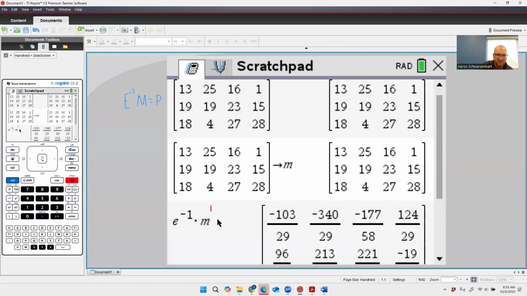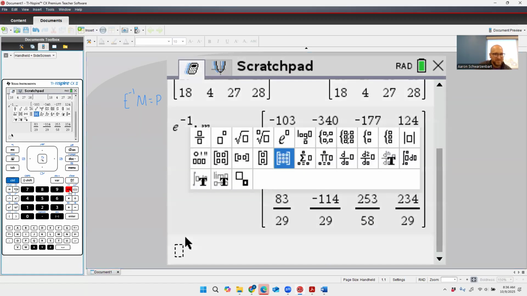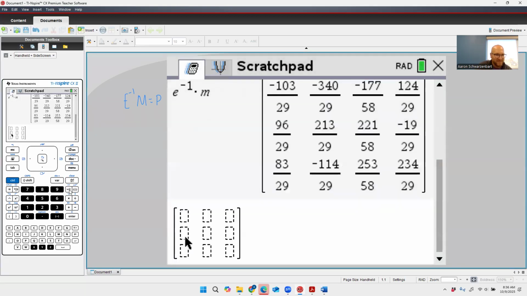Let's see here. 13, 25, 16, 1, 19, 19, 18, 4, 27, 28. So something didn't work here, so I'm going to re-enter E. 1, 5, 0. I don't know what I hit in the middle that it kind of looked like it cleared stuff.